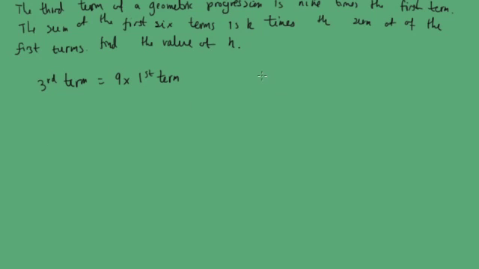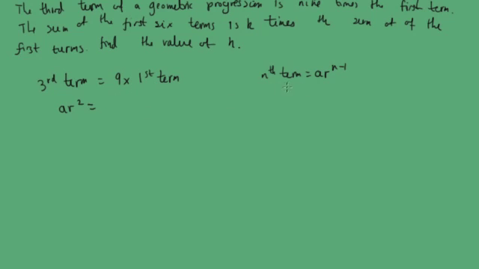And remember, for the geometric progression, the nth term is AR to the n minus 1, because this is the geometric progression, not the sum of the terms. So for the third term, we've got AR squared, since n minus 1 is 2, and that's equal to 9 times the first term.